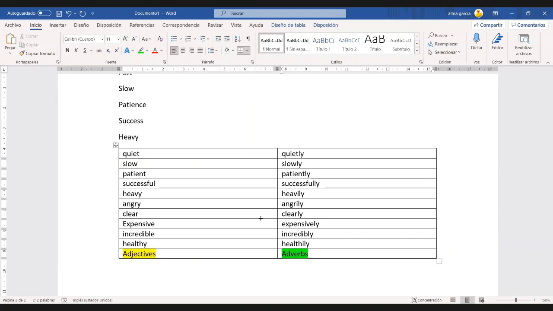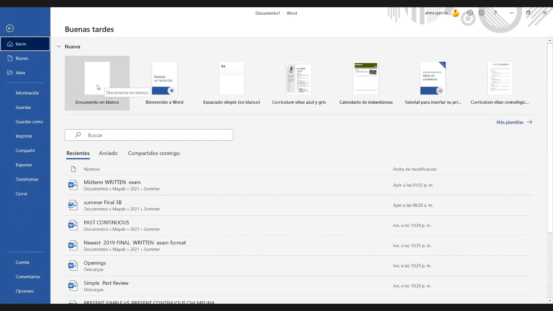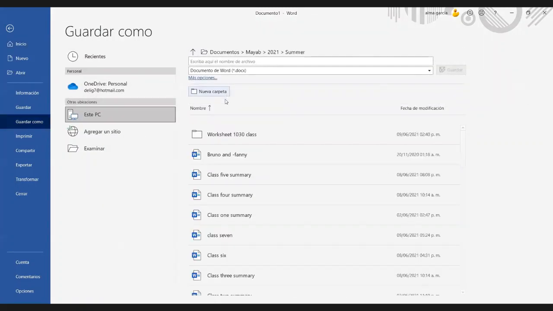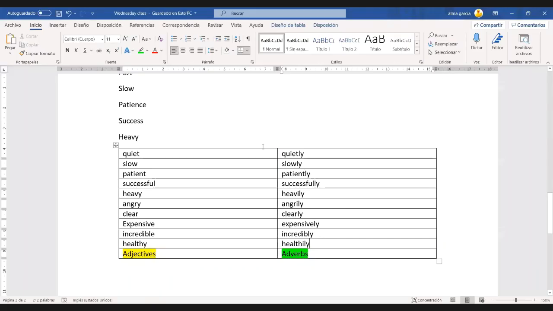Por eso me interesa que lo tengan completo, para que me hagan el favor de sacarle una captura de pantalla. Muy bien, entonces, por favor, tomen nota nada más de la tabla de adjetivos y adverbios.